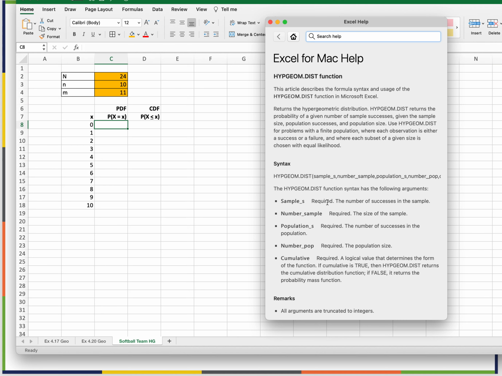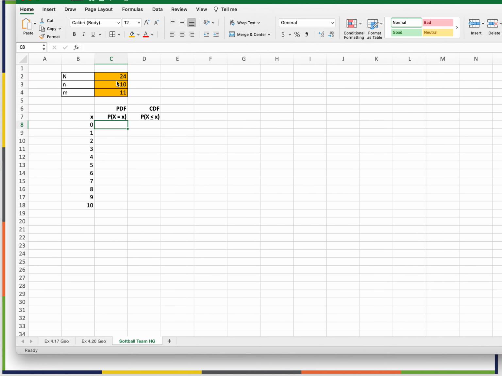Okay. Sample_s, required, the number of successes in the sample. So that's going to be this number of males. I could have 0 males on a team up to 10. Number in the sample, required, the sample size of the sample. So the sample size here is going to be my 10.